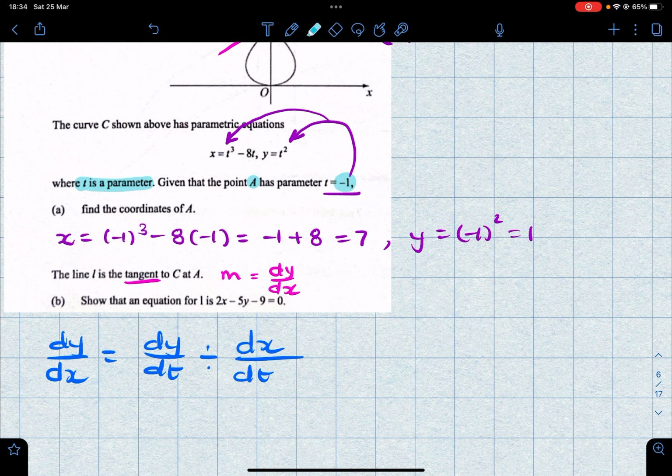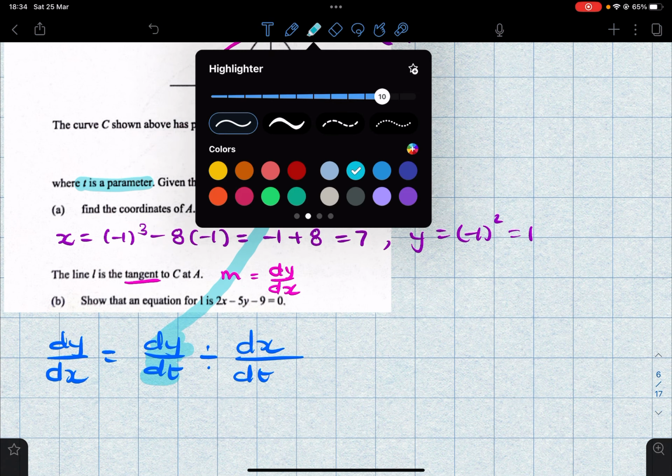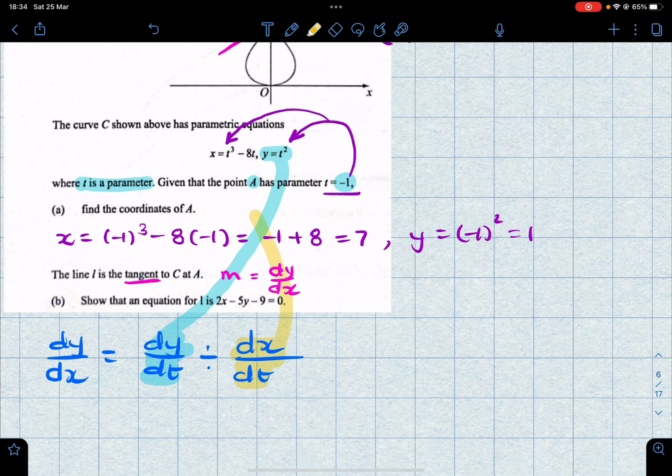So dy by dt will give us that, and dx by dt will give us that. So let's do that separately. So dy by dt is simply 2t, and dx by dt, that's the derivative of this, is 3t squared minus 8.